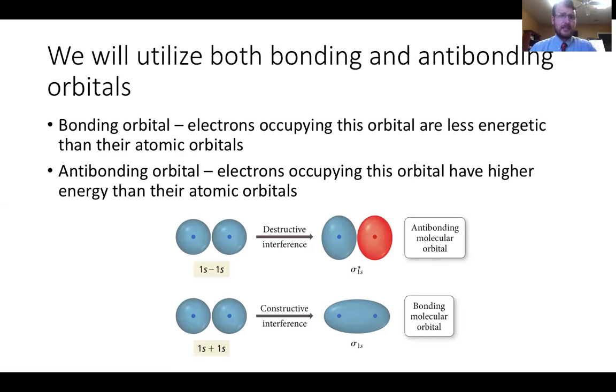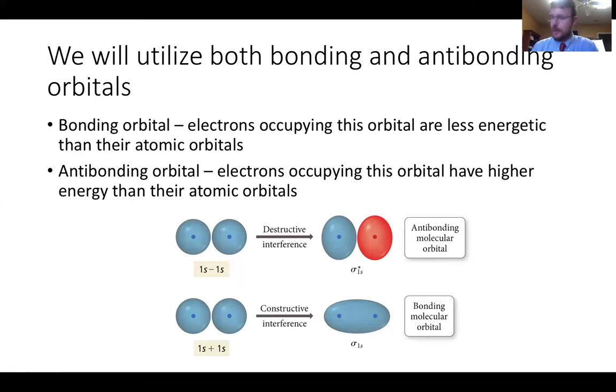The bonding and anti-bonding deals with the destructive and constructive interference that we talked about before with waves, right? If they're in the same wavelength, in the same pattern, they're going to be constructive. If they're going opposite directions, or opposite waves, then they're going to be destructive. And that's what we see. With the anti-bonding, it's destructive. With the bonding, it's constructive.